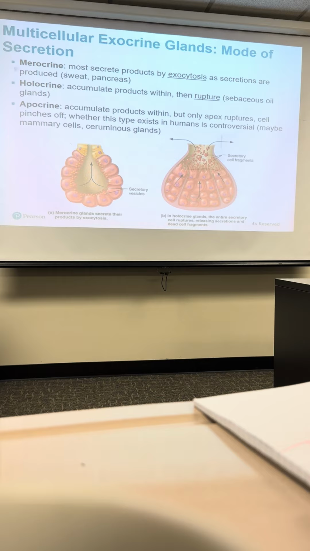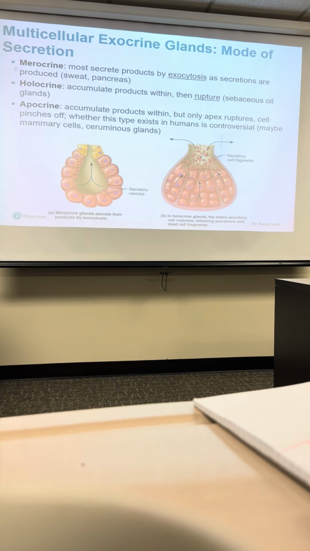Something exiting out of the cell by the use of energy and vesicles, right? So that is exocytosis. When we say merocrine, we are talking about the normal exocytosis. That is how you have your secretion of the sweat, secretion of the oil like the sebum, right?